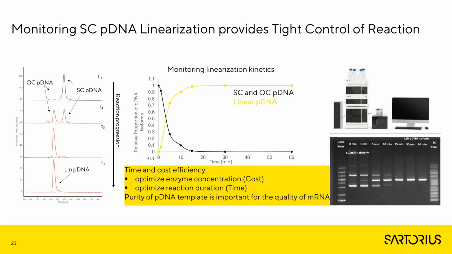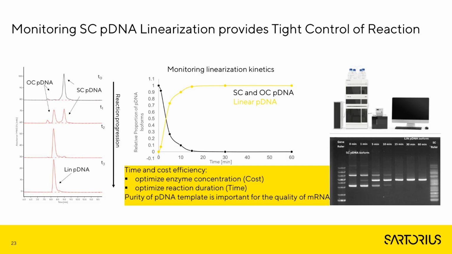And instead of just following linearization with agarose gel, we again bring in our rapid at-line analytical system, PATfix, and we can start to monitor the linearization of supercoiled DNA into linear with an identical chromatographic method. We didn't have to adapt, we didn't have to develop a new analytical method for this purpose. We use identical analytics to support us all the way up to here.